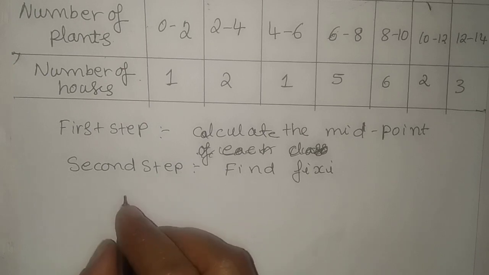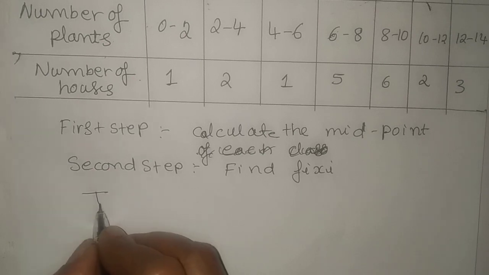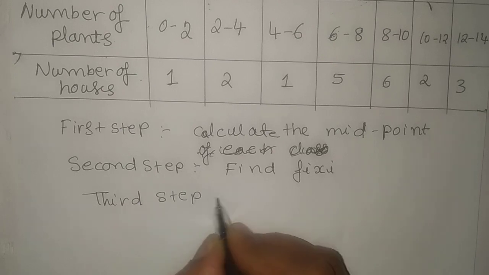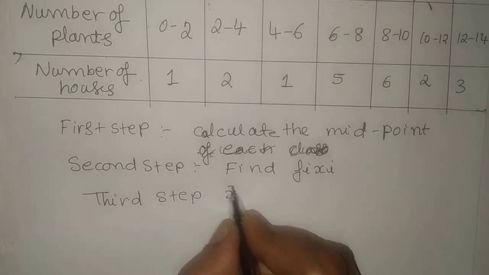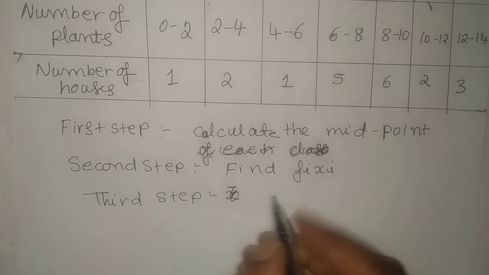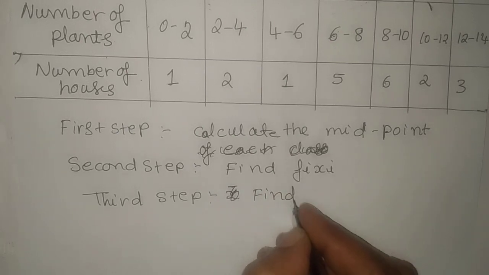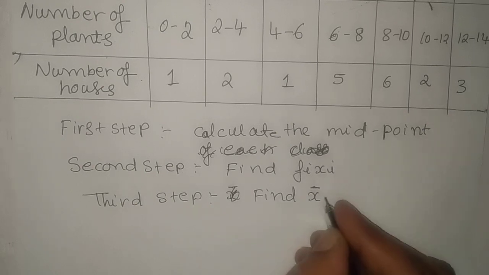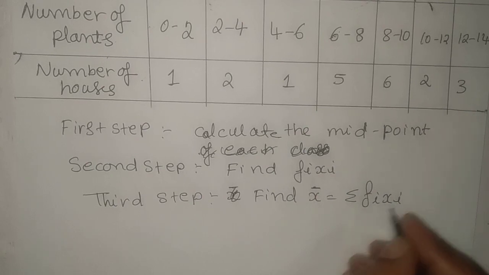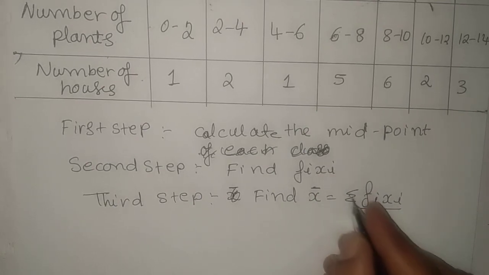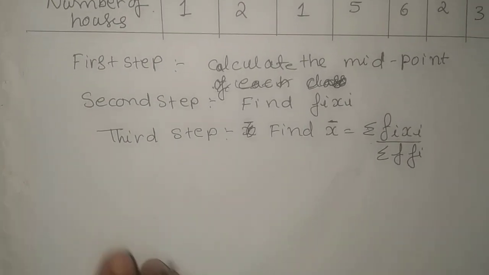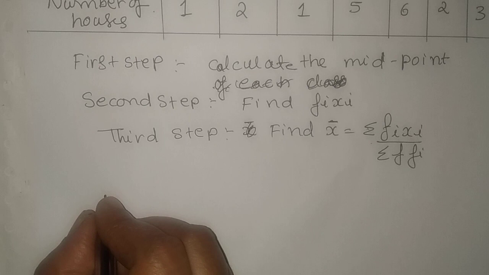The last is the third step, finding X bar. So the third step: find X bar using the formula summation Fi Xi by summation Fi. This is the summation formula, meaning summing of all. So we'll try it out here.